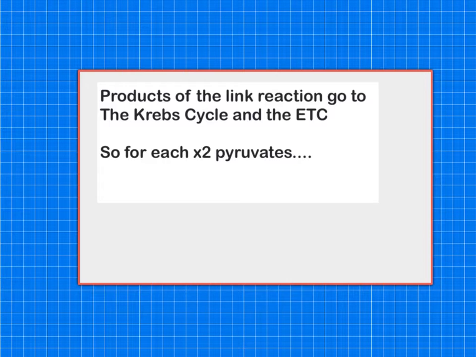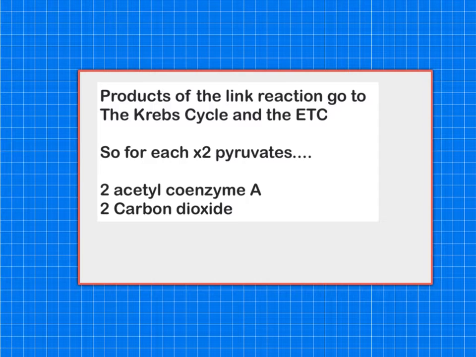So for each 2 pyruvates, we're going to have 2 acetyl coenzyme A, which will go into the Krebs cycle, which is in my next video. We then have 2 carbon dioxide, which will be released as a waste product, and then finally 2 reduced NAD, which will go to the electron transport chain.